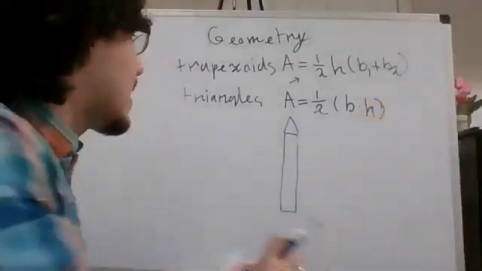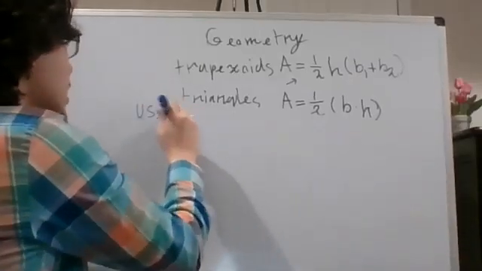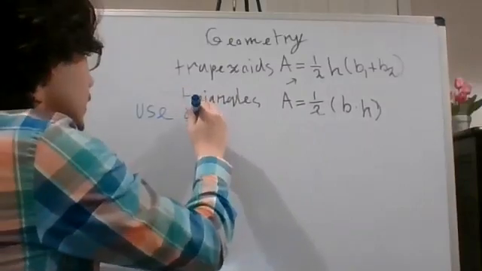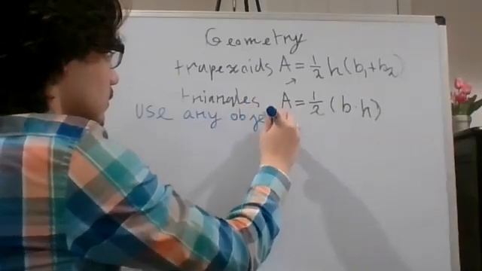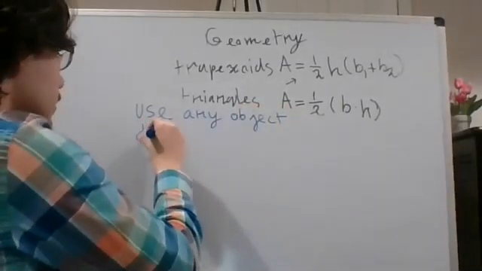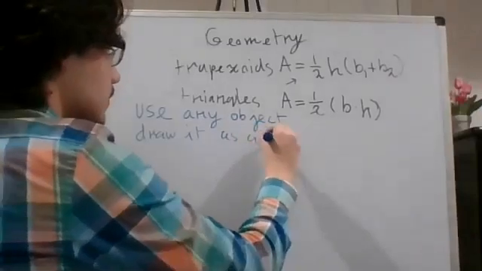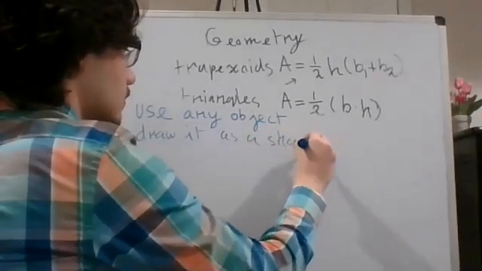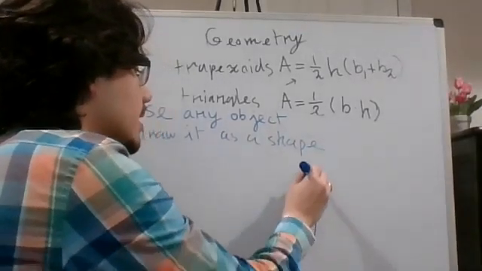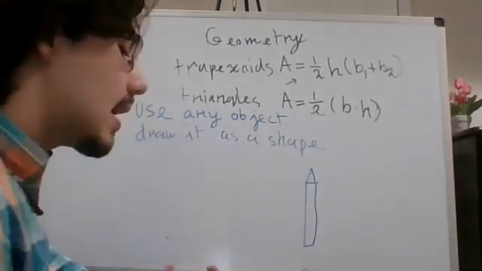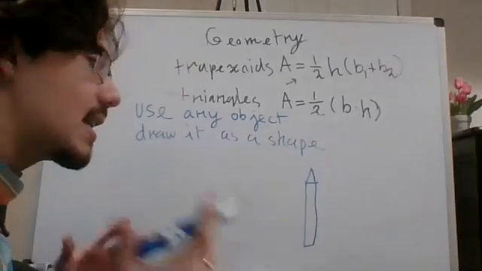So let's write it down. I want you to use any shape, use any object. Draw it as a shape. I want you to take your shape. Let's have our pencil here. And I want you to say that the shape has whatever measurements you need to find its area.